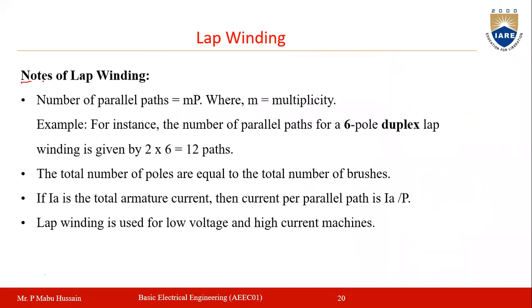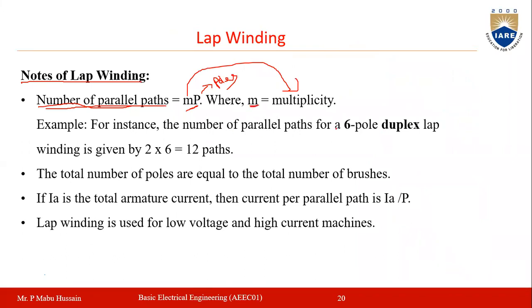Now, an important note for lap winding is that the number of parallel paths in lap winding will be equal to m into p, where m is called the multiplicity and p is the number of poles. Okay, so what is m here? Multiplicity.